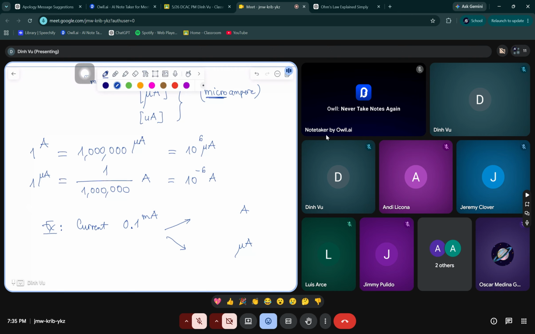So you see that milliamp is 1,000 times smaller than amp. 1,000 times smaller. So if you convert from 0.1 milliamp, you should receive 0.0001 of ampere.